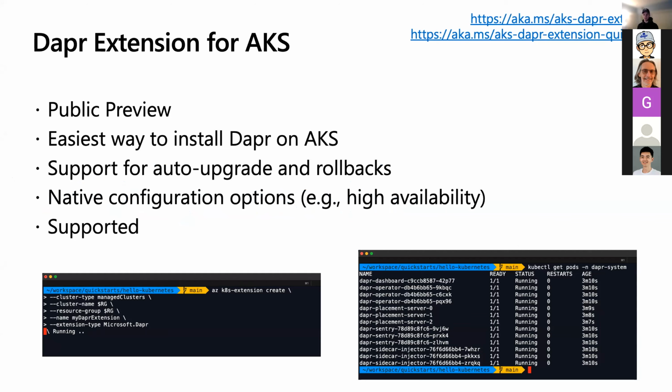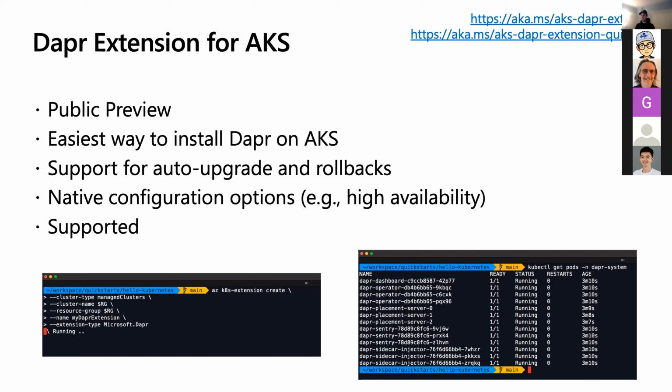For a deeper dive, I provided these links up here, as well as a quick start into how to use this extension on a sample application. Ultimately, if you're working on an AKS cluster, it's the easiest method of installing and provisioning Dapr on AKS.